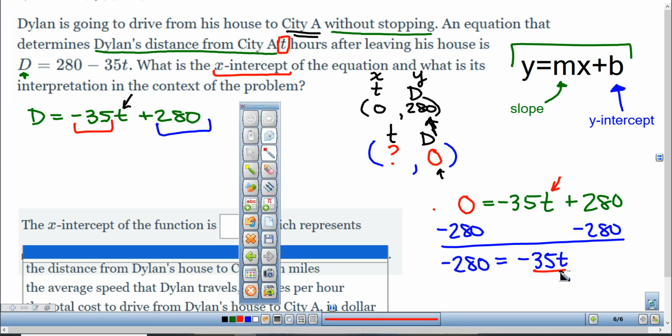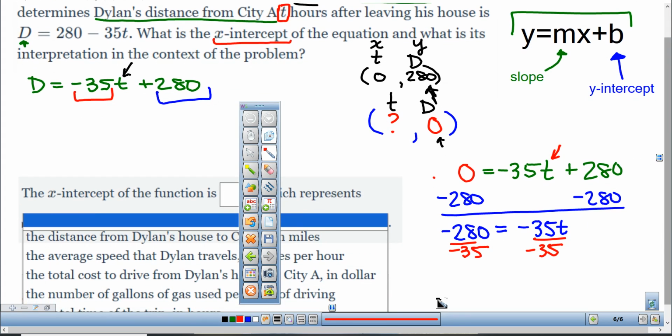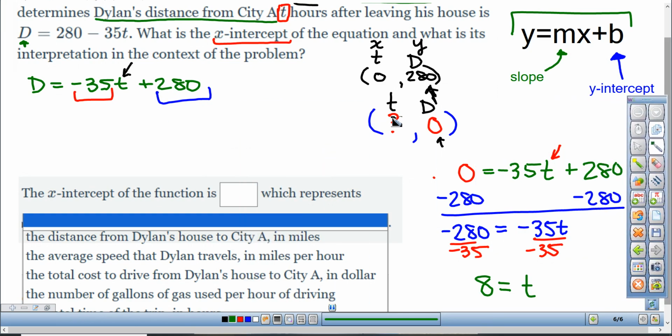Now we're basically asking the question that I was just asking. How many times will 35 fit into 280? I think it's 8. T would be 8. So he is going to drive for 8 hours, and it's going to get the distance down to 0. So the x-intercept is 8.